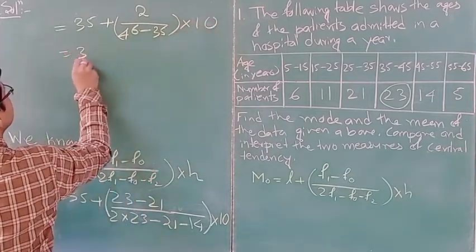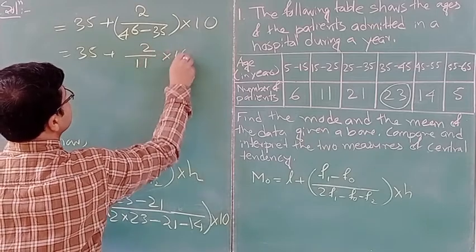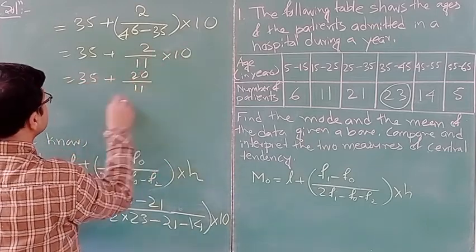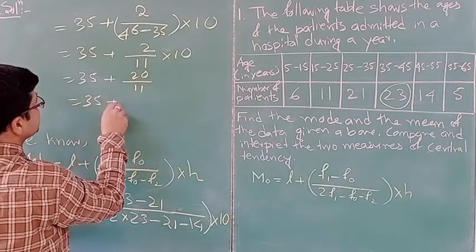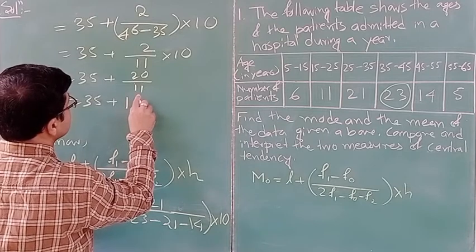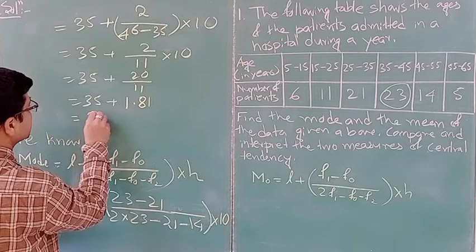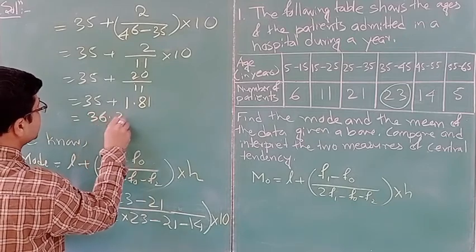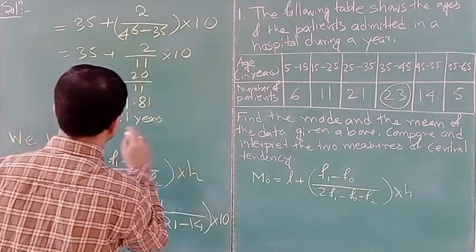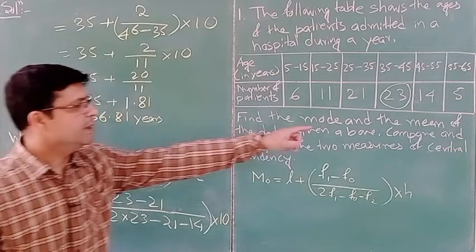So this is 35 plus 2 by 11 into 10, 35 plus 20 by 11, which is approximately 1.81. So this is 36.81, in years. This is the approximate result of the mode. Okay, now the next part of the question is to find the mean, then we'll compare.